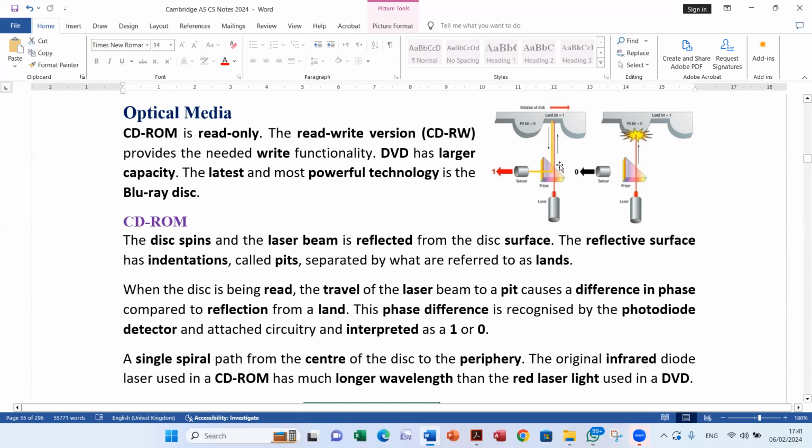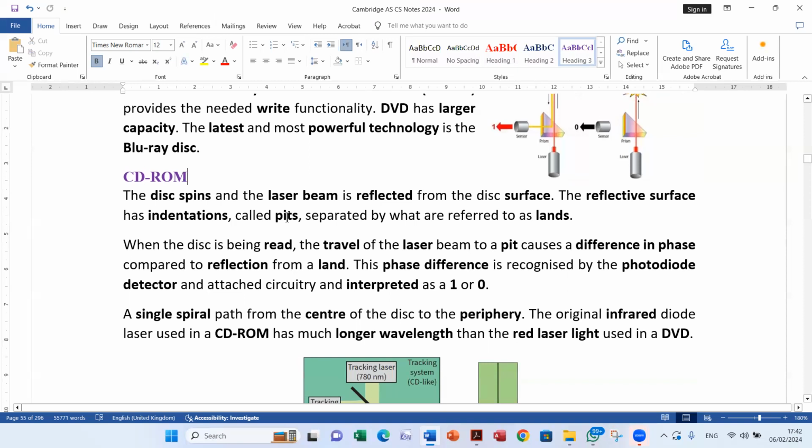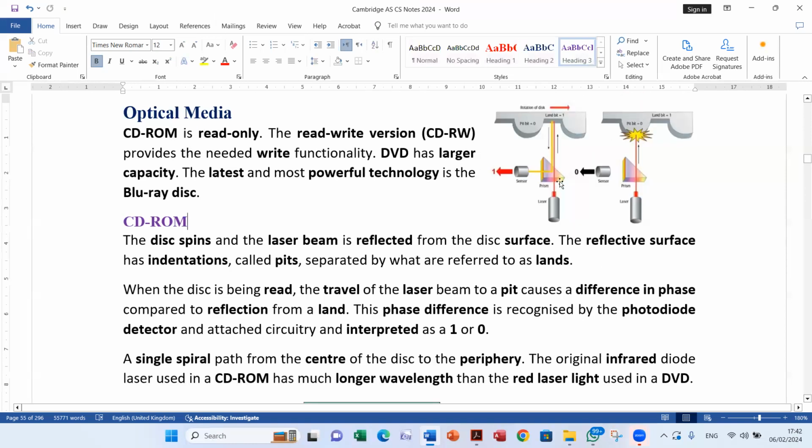A laser beam is incident on the surface of the disk, and the reflected light is captured, and the reflection varies from pits and lands on the surface of the disk that represent ones and zeros. Okay? So the CD-ROM starts spinning, the disk spins, and a laser beam is reflected from the disk surface.